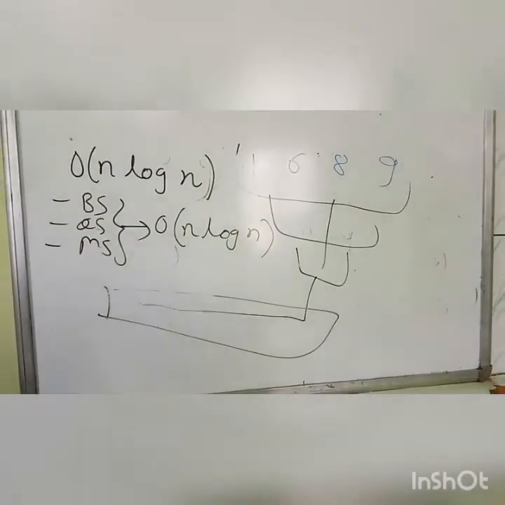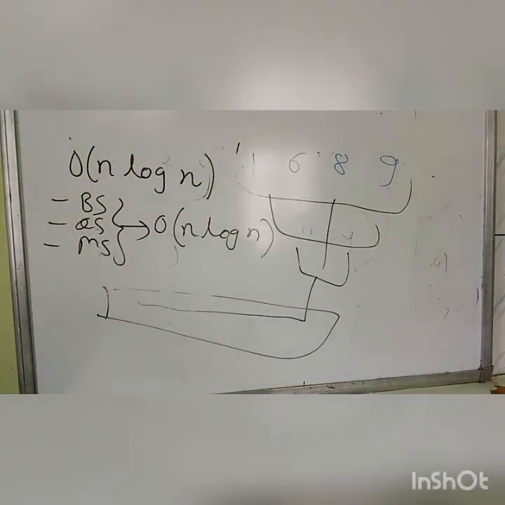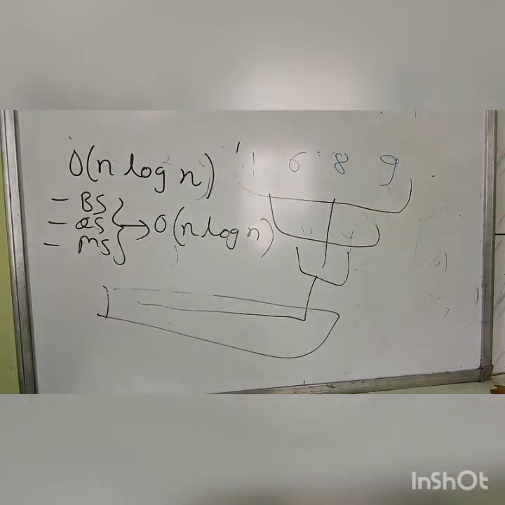Why? Because they are part of the divide and conquer technique. There are some algorithms like Strassen's algorithm and many more, and fast Fourier transform algorithms. They will acquire the techniques of divide and conquer strategies.